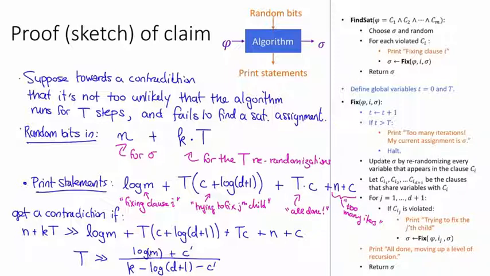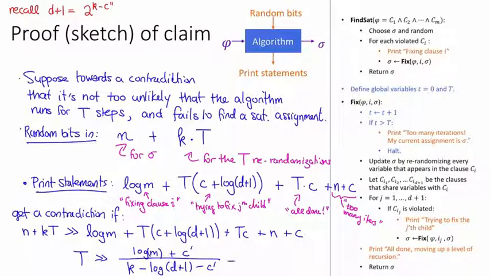Now we're going to use the fact that we chose d plus 1 to be 2 to the k minus some sufficiently large constant. So I'll write that up here. Recall that d plus 1 is equal to 2 to the k minus, let's say, c prime prime, for some c prime prime that we get to choose.